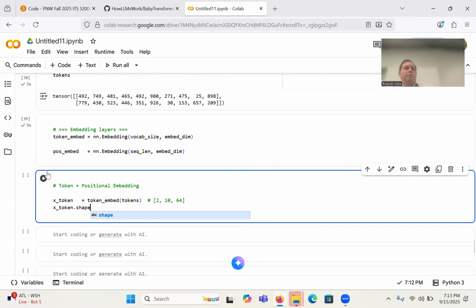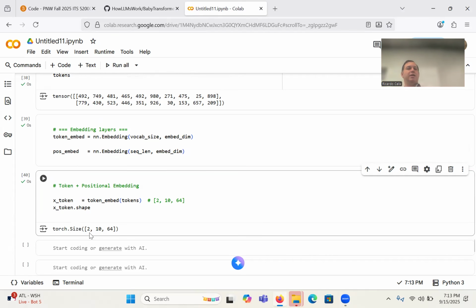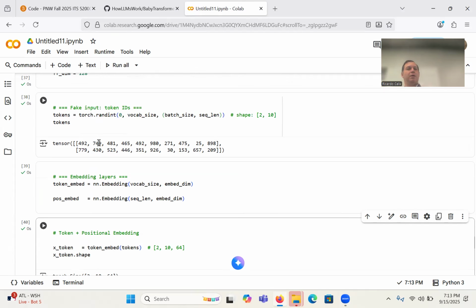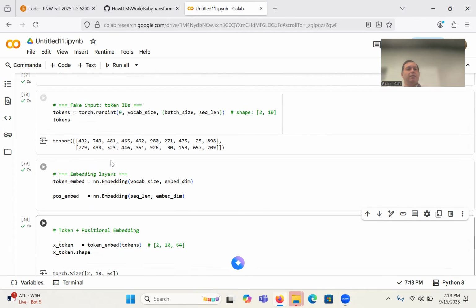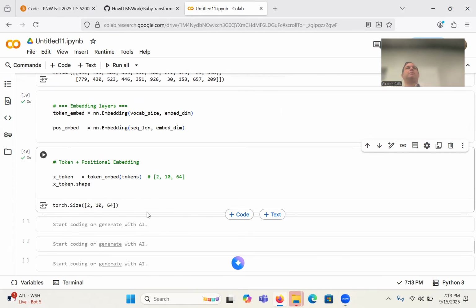Okay, run that. And you can see it went from 2 by 10 to 2 by 10 by 64. Any questions on that, guys? This was the previous concept that we had discussed. Again, remember, all these values are random, but eventually during training, these values get updated and they become the actual proper values.